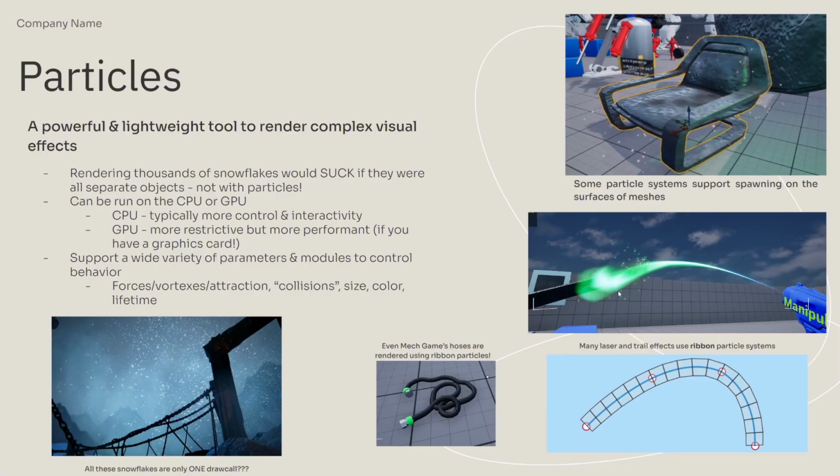The hose in my mech game is a particle system. Even my hoses are particles, not the physically simulated part, but the hose that renders is actually a particle system that uses a ribbon.